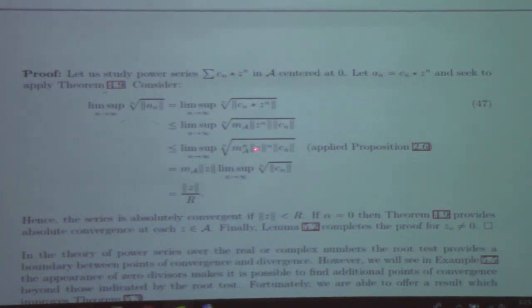See the n going out there? That creates an m sub a to the n minus 1 power. That's what proposition 2.6 says. Now, usually you just pull it out with equality if it's a multiplicative norm, or it seems like there's some other context I've worked with where m sub a is essentially 1, but anyway.